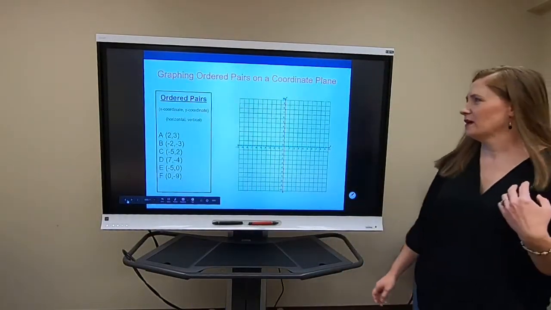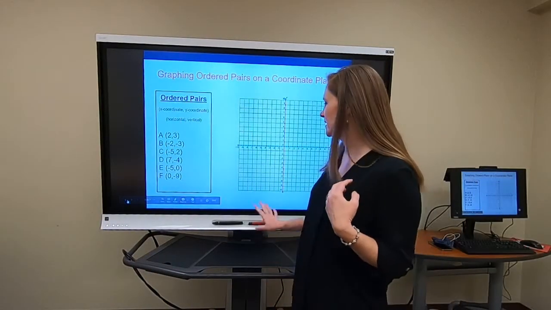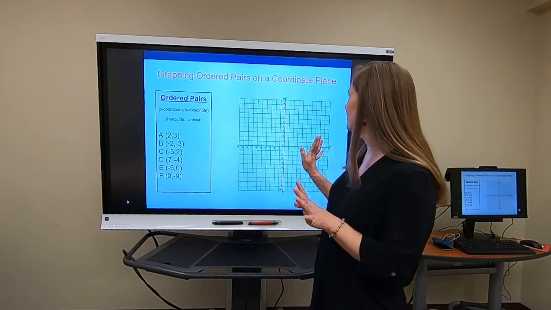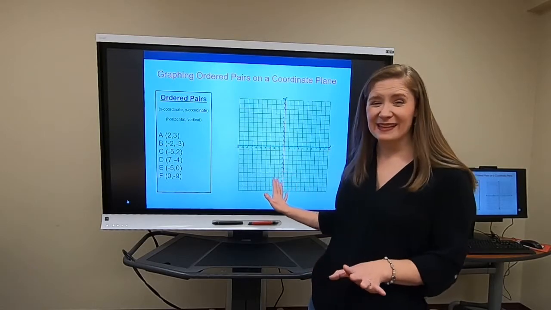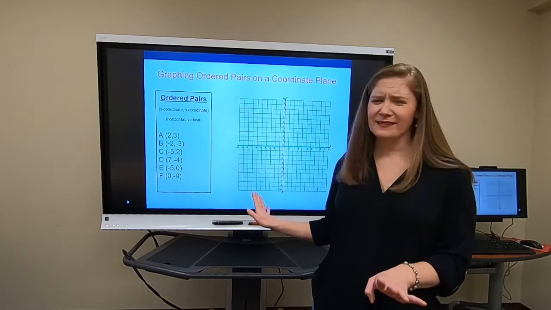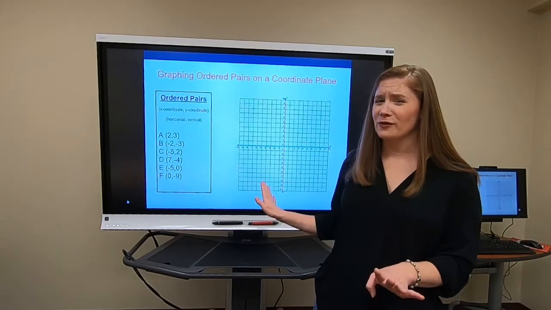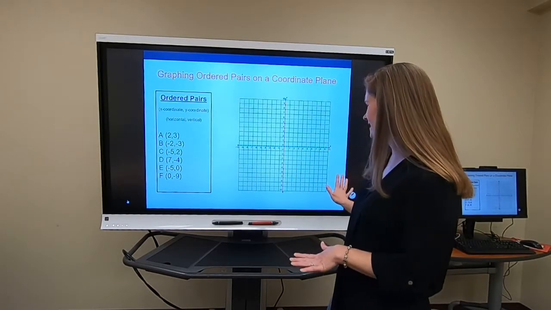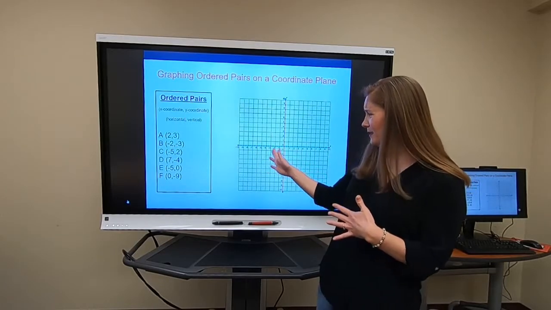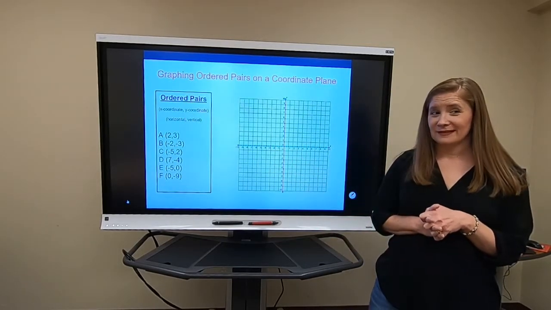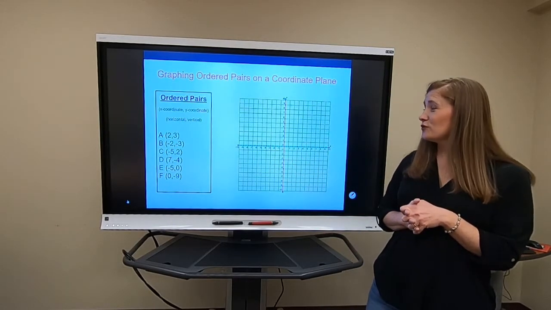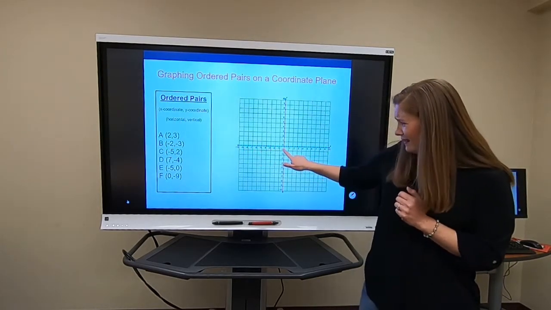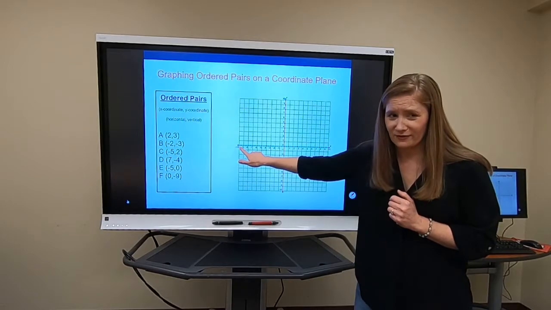Okay? So now what we're going to do is graph some ordered pairs on this coordinate plane, but it's different. It has stuff that our quadrant 1 coordinate plane did not have. Can anyone look at it and tell me what's different? Hopefully you see that on this side it extends and those numbers are negative.